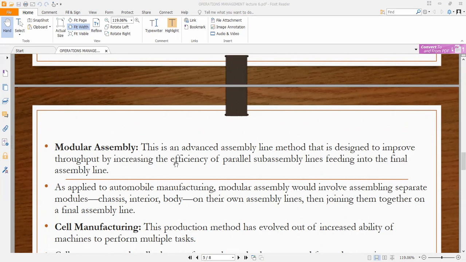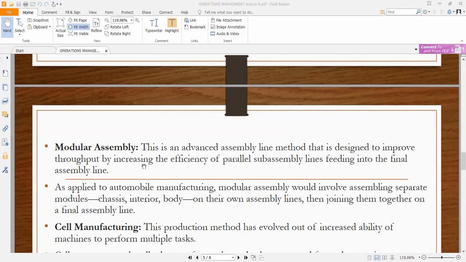Now, when they come together at one company, that company puts it together, it joins it together to create an end product. It creates a final product. So that's what we call a modular assembly.